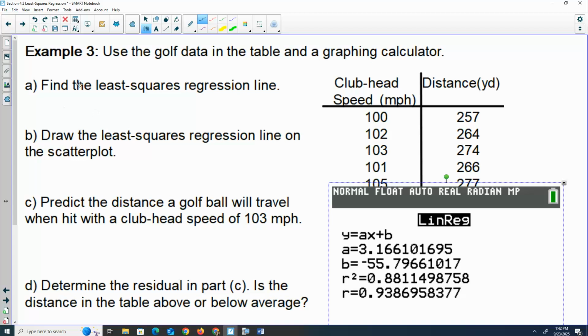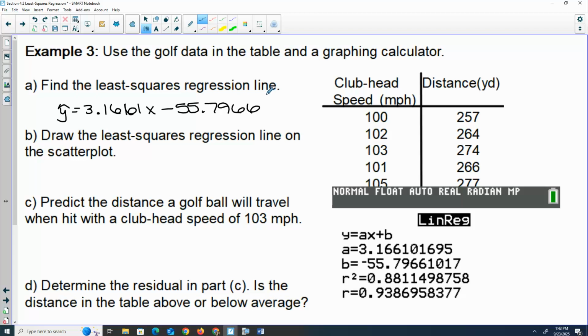So our regression line, our y hat, equals our slope, 3.1661x, plus our y-intercept, so minus 55.7966. There's my regression.